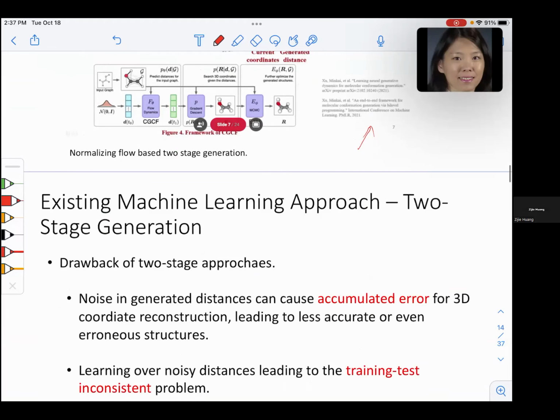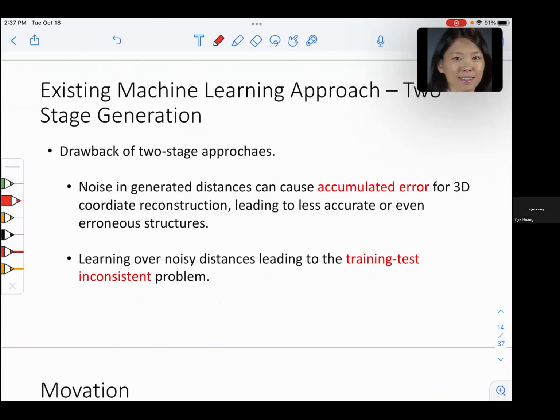However, their drawback is that they can cause accumulated error for coordinate reconstruction, because the distance serves only as an intermediate variable target for the model to predict.